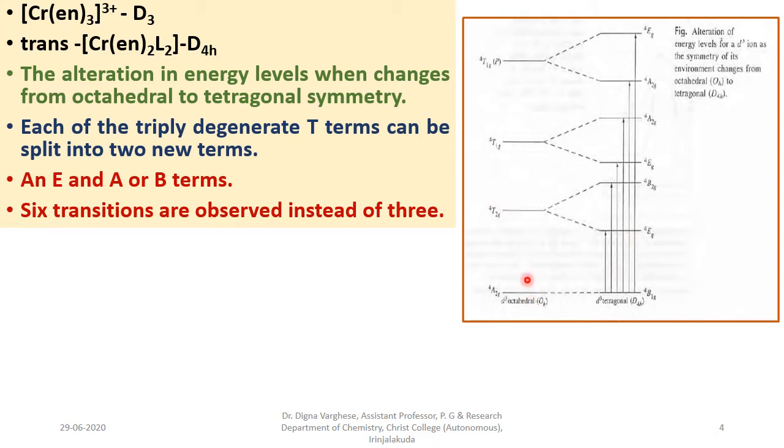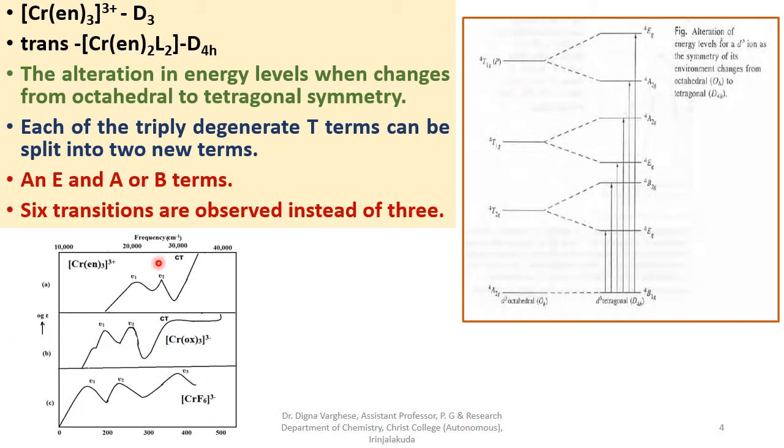In an octahedral symmetry, there can be three transitions: from A to T2, A to T1, and A to T1P levels. But when the symmetry changes to D4h, each triplet or T term is split into E and A or B terms. So 3 into 2 gives 6 energy levels, so 6 transitions are possible.